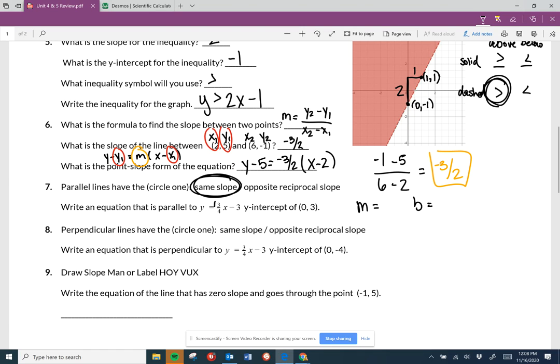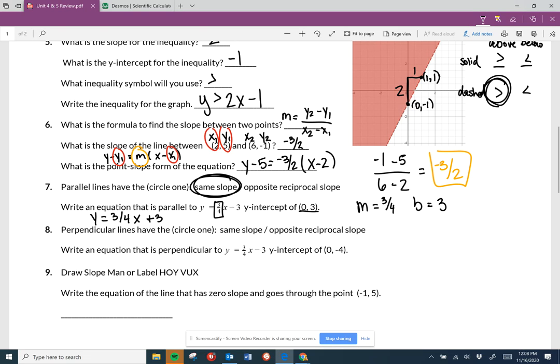The m is going to match this line exactly because parallel lines have the same slope. So I know my m is going to have to be 3 over 4. My b they gave me, okay, the y-intercept of 3, so my b is going to equal 3. So when I go to substitute that in, I have y equals 3 over 4x and then plus 3.